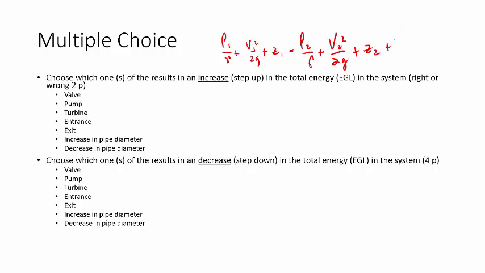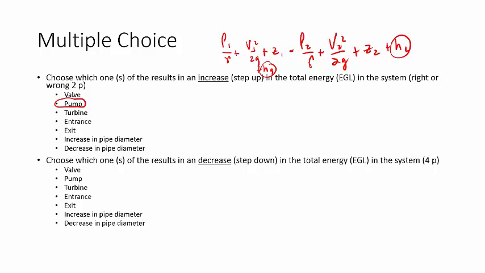And then we have the losses, and here you would have any gains. The losses would be due to major losses or minor losses, and then the gains or step up would be due to something that increases the energy. So something like a pump would increase the energy.